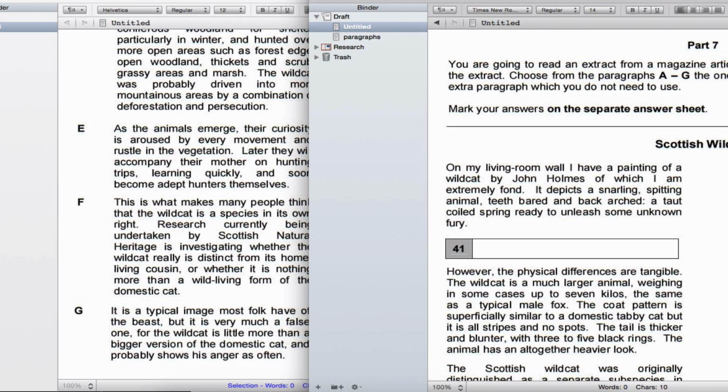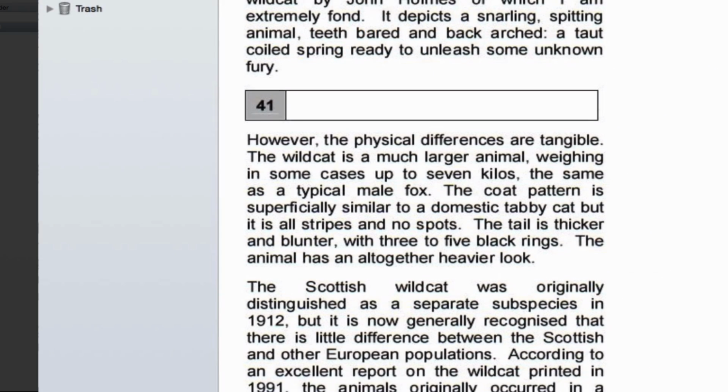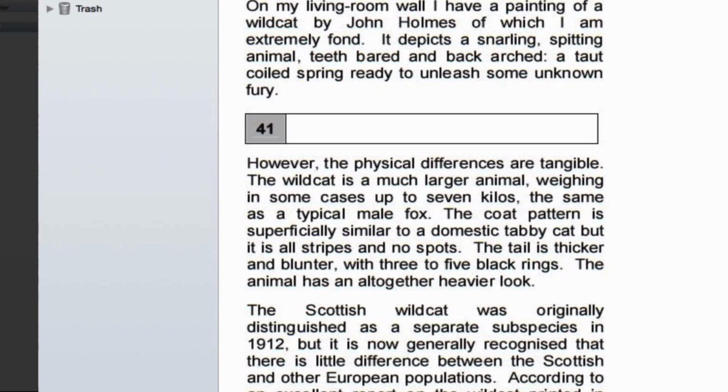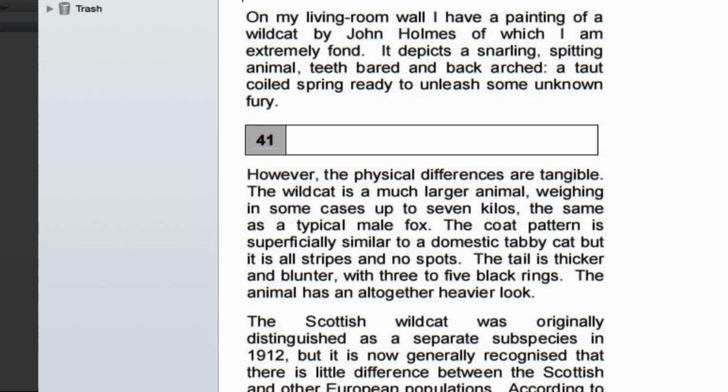Okay, let's do it. So you're going to read an extract from a magazine article. I'm reading the whole base text and not the paragraphs. I'll read the paragraphs later.